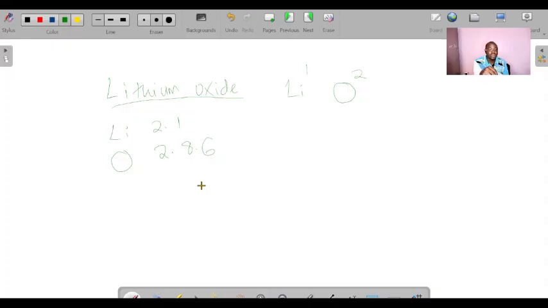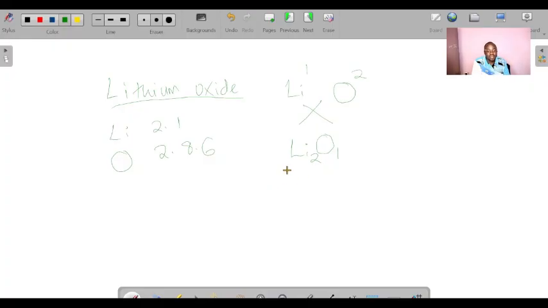So the first thing we do is to write the chemical formula for lithium oxide. We are going to exchange their valencies. So under lithium, we shall get a 2, and under oxygen, we shall get a 1 from lithium. So that becomes the correct chemical formula for lithium oxide.